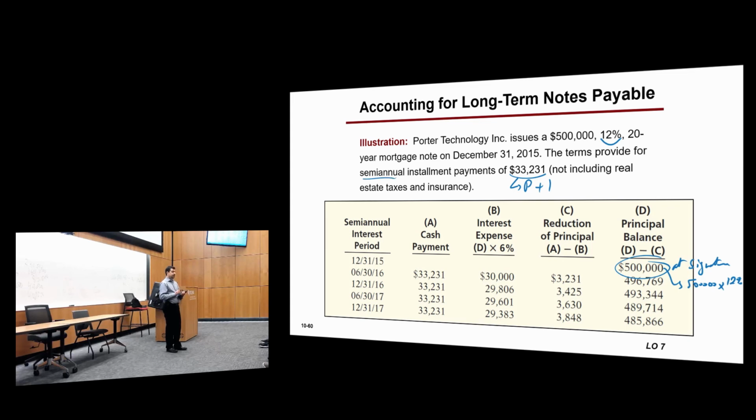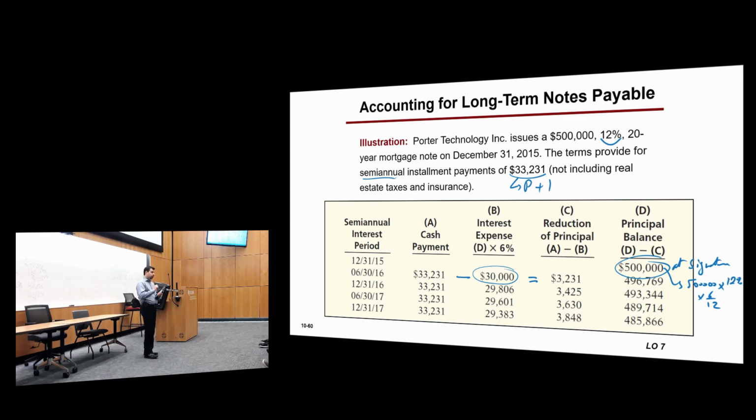Semi-annual. So what does it mean? Multiplied by 6/12. So what's the interest? The interest will be 30,000, right? The installment is 33,231. Interest expense is 30,000. The difference between the two will be equal to the reduction of principal.